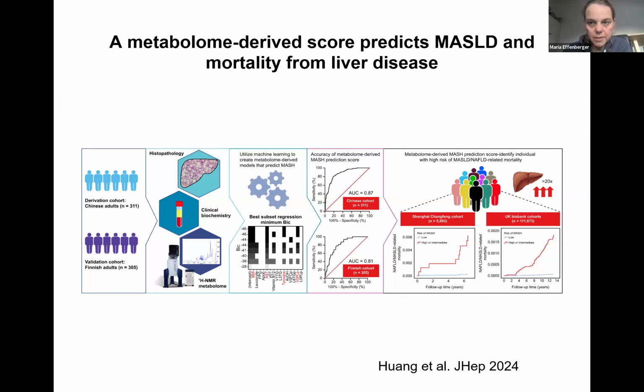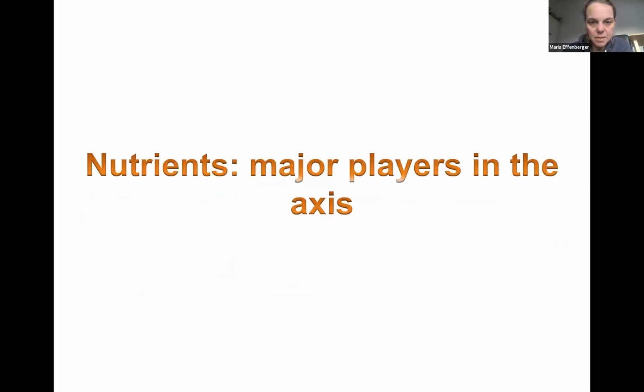The FIB4 score had a prevalence and incidence of about, I think, 90%, so it's really good. But lipidomics are much better. And so I think it is a way of how the future will look, by defining metabolomics that are specific for different diseases.